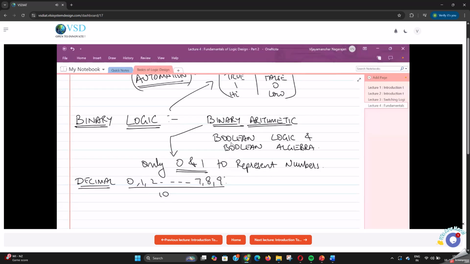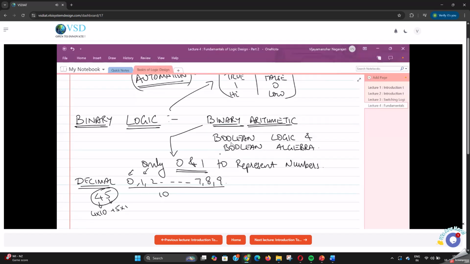Say, for example, you want to represent 45: this is 4 times 10 plus 5 times 1, correct? Whereas if you want to represent the same number in binary arithmetic, we cannot use the digits 4, 5. I have to represent it using only 0 and 1. We will see how to do that.